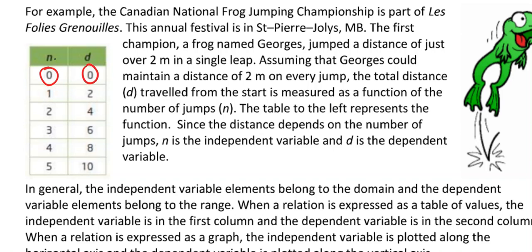If the number of jumps is 1, then the distance traveled depends on the number of jumps. Does that make sense? The distance you go depends on how many jumps you actually take, right? So if you take 5 jumps, then the distance that comes out is 10. I usually think about which one depends on the other one, right? So the dependent variable depends on the other variable there.